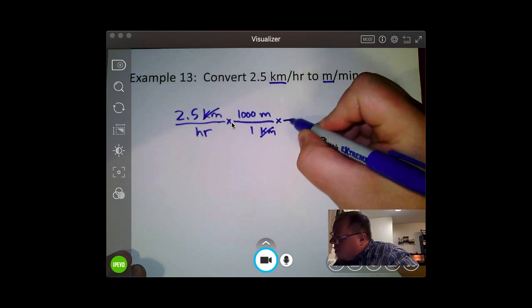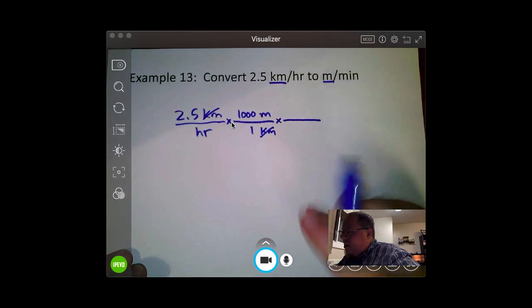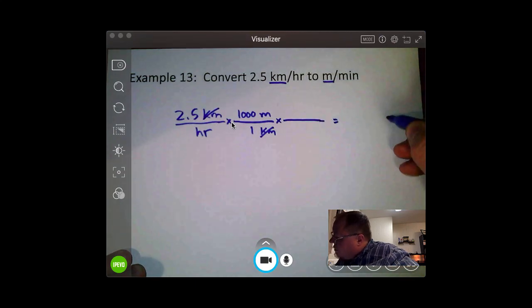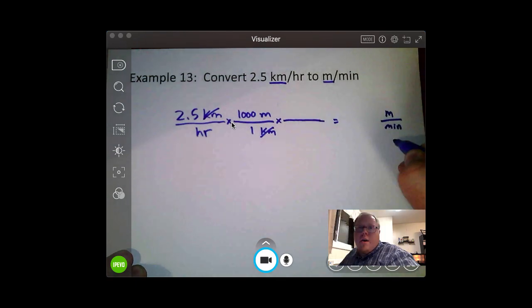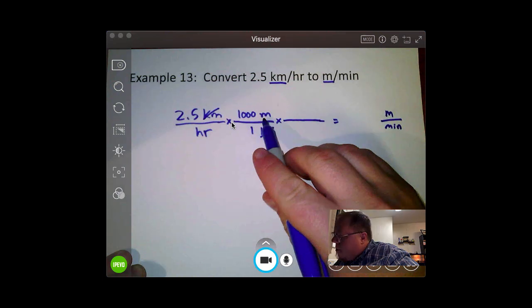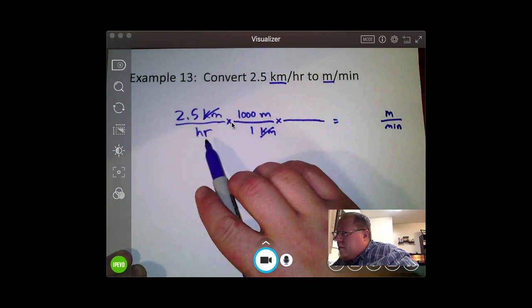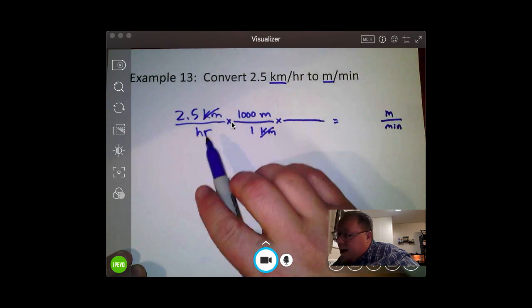So this next part, got to think very carefully. I don't want to change this meter. I do want my final answer to have meters, but I want it to be minutes down here, okay? So don't want to touch that meter, but I do want to change this hour. Now, since the hour is down here at the bottom, I'm basically dividing by an hour already.